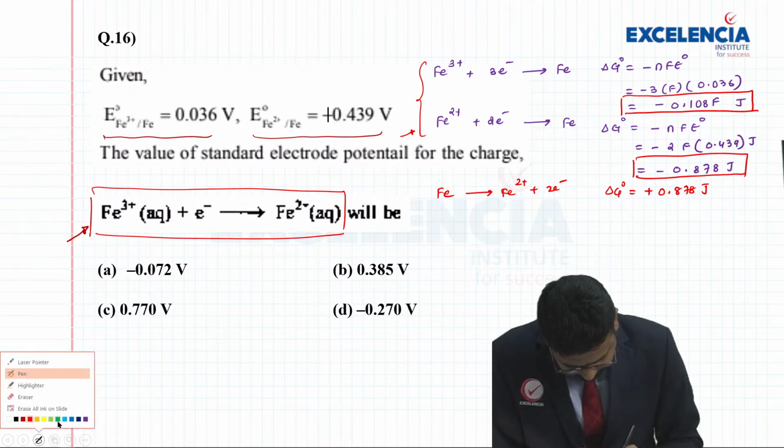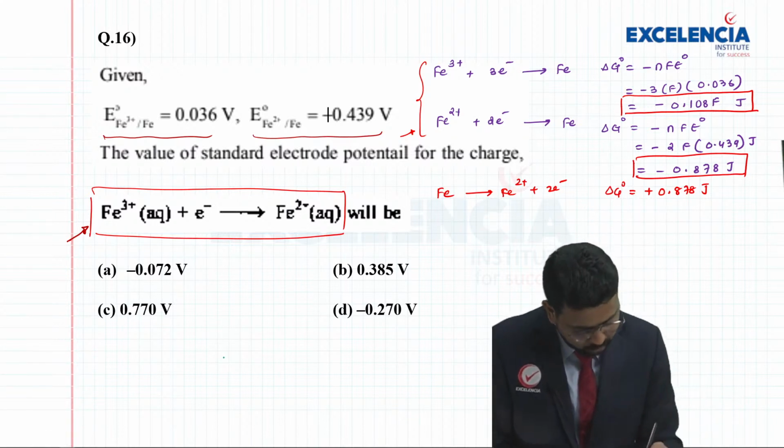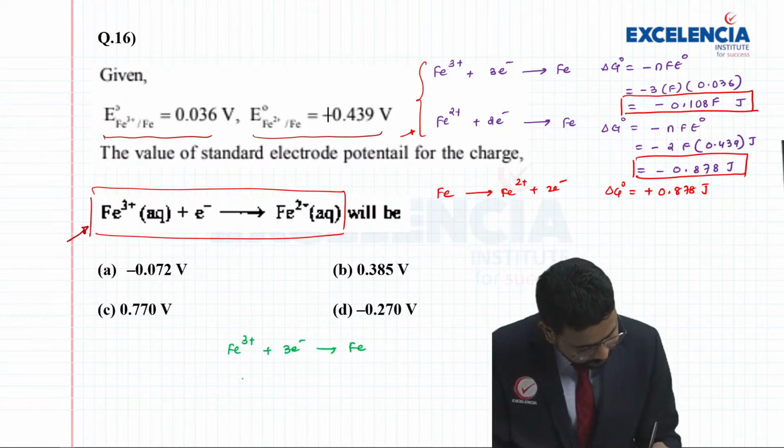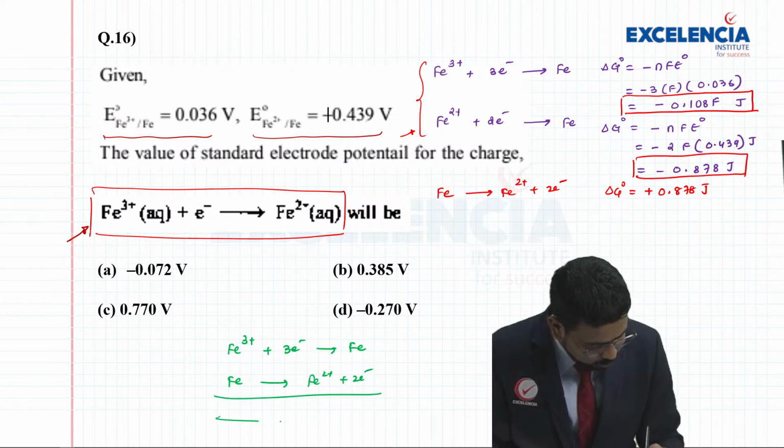So if we add these two reactions, let me write these reactions here. Fe3+ plus 3 electrons giving you Fe, and the second is Fe giving you Fe2+ plus 2 electrons. So when you add these two reactions, what are you going to get?